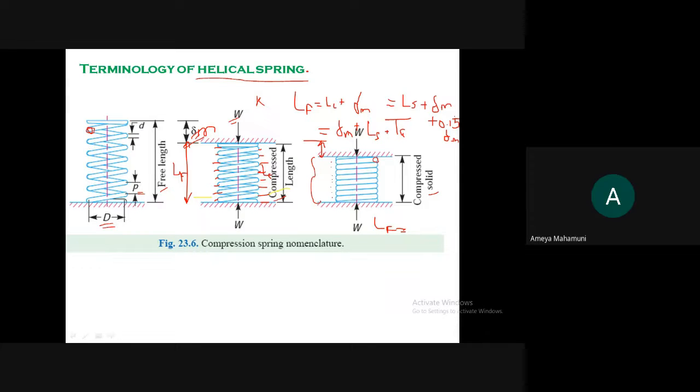Sir, plus delta M. LF is equal to LS plus delta. There is some echo, one minute. Yes, Amey. So LF is equal to LS plus delta M. There is some issue from your side. You can write in the chat box.